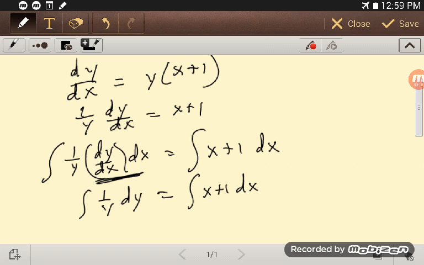Now, back at this step, way back here, what you'll often see people do is, without using any integration signs, they'll simply start from this top thing here, divide both sides by y, but then write it as dy over y equals (x plus 1) dx. And so what it looks like is they simply multiply both sides by dx. Well, actually, that's true.